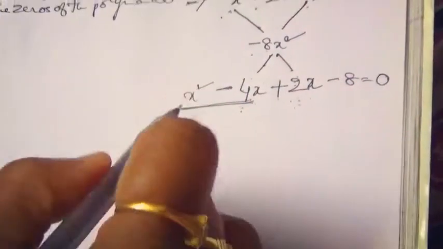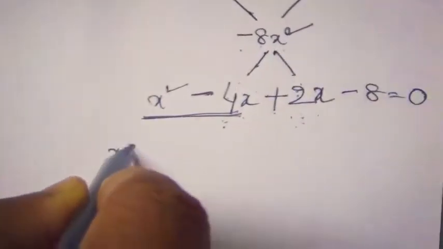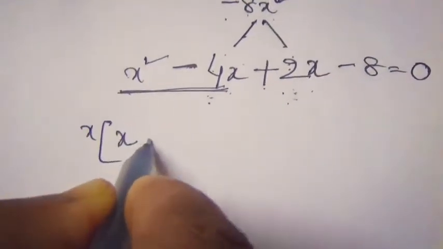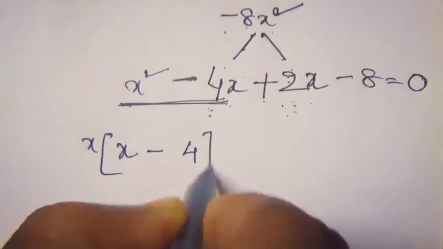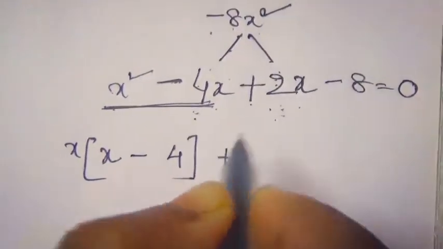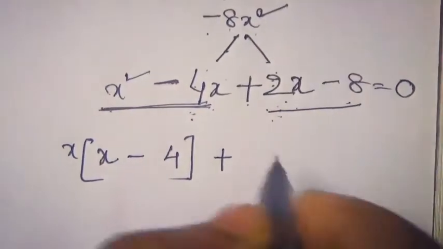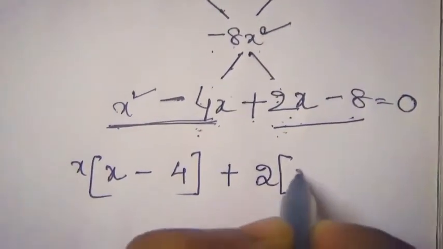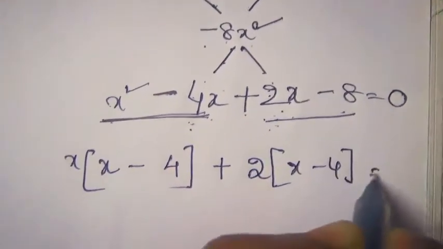What is the common term in these two terms? x is the common term and the remaining term is x minus 4. Plus, in these two terms, 2 is the common term. So x minus 4 is equal to 0.